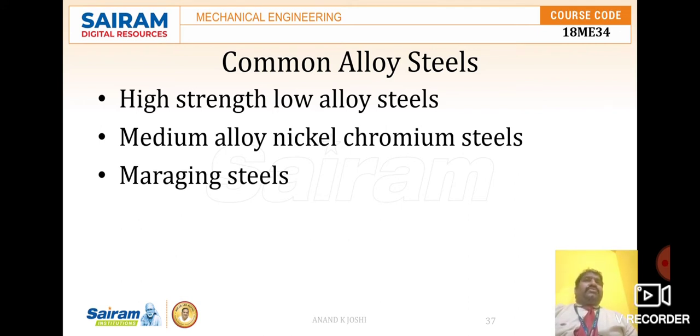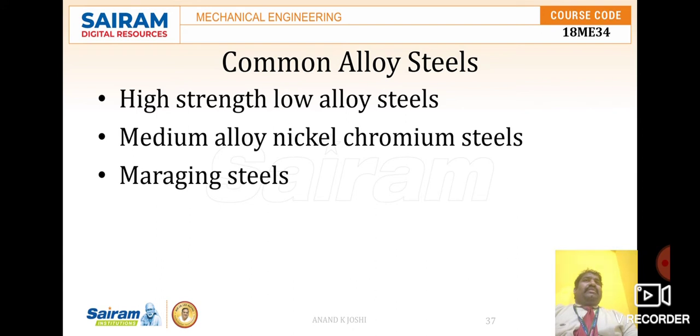This nickel chromium steel contains about 0.1 to 0.55% carbon, 1 to 4.75% chromium, and 0.3 to 0.8% manganese, and is used in applications where heat resistance or corrosion resistance is required. So this is about the medium alloy nickel chromium steels.